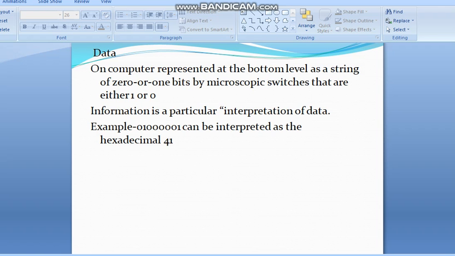That binary digit you cannot understand, but 41 you can understand. So that 41 is information for you, because we processed the binary digits and interpreted them in the form of a hexadecimal number. That is the difference between data and information.